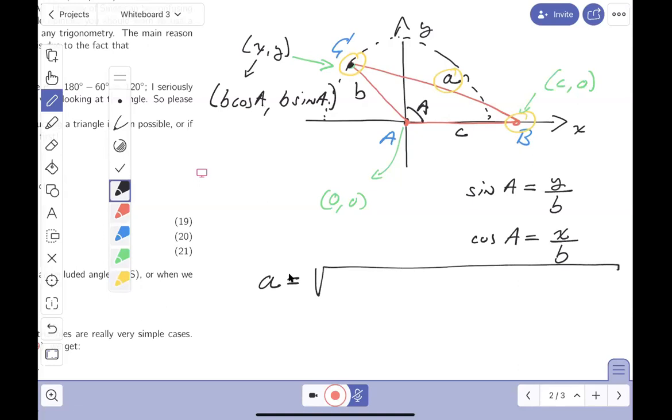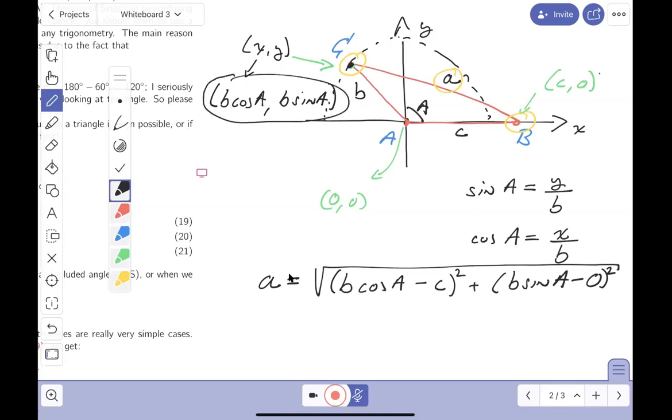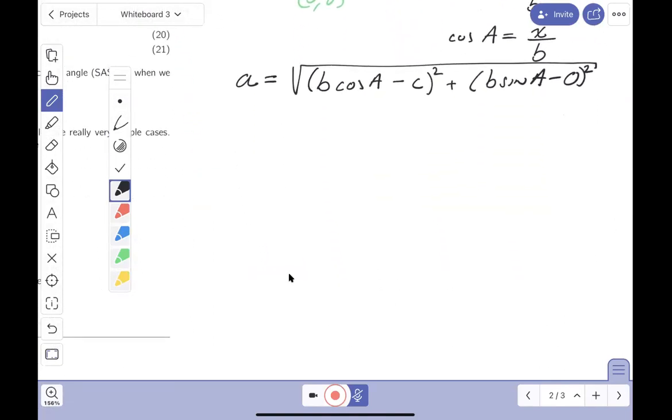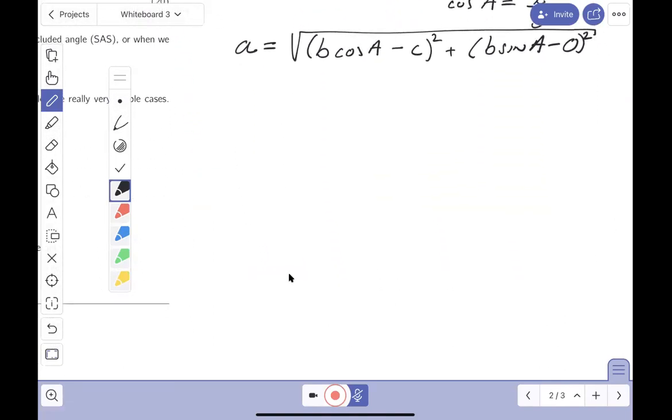Let's see what it's going to be. It's going to be b cosine of A minus c, this is the formula from Math 100, plus b sine of A minus 0, squared. All right, use the distance formula. We took this point here and this point here, and that distance there. Now I'm going to square both sides.